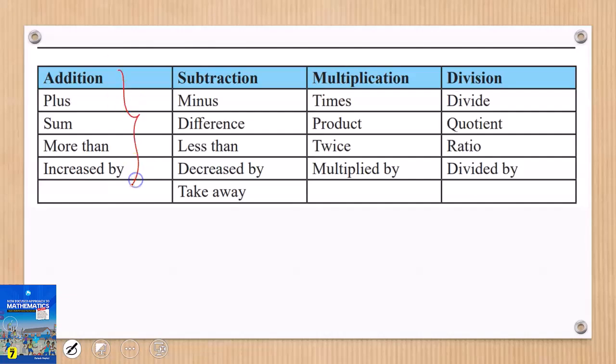These terminologies express addition: plus, sum, more than, increase by, total of, in addition to. So if I say a number more than 4, I can write this. And if I say a number is increased by 5, these are the terminologies we are going to use.